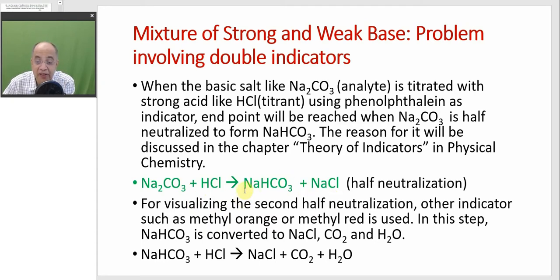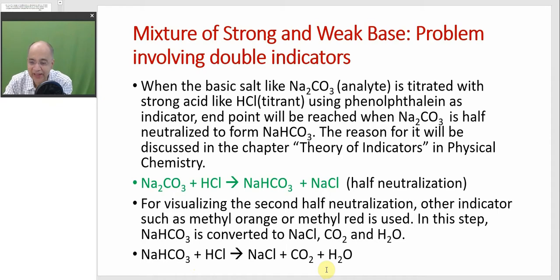You will get sodium bicarbonate, which is again soluble there, and NaCl. But if you continue to add HCl, in the second half of the neutralization the sodium bicarbonate will react with HCl. So the effervescence, the gas bubble formation, you will find in the second half.